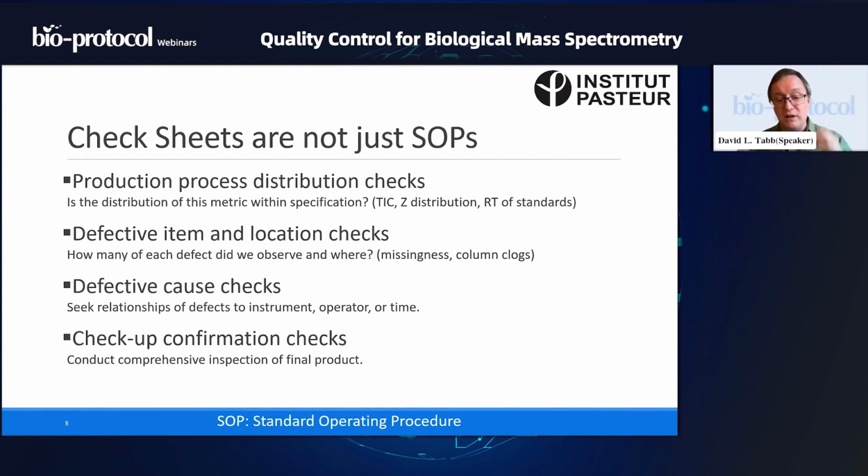Or is it too high? Have we loaded so much into this that our chromatography is going to be terrible? Measuring TIC is valuable for that. What about the charge state distribution? In shotgun proteomics, we most frequently identify +2 and +3 peptide ions. Something that's a +7 peptide ion is generally not identified very successfully.